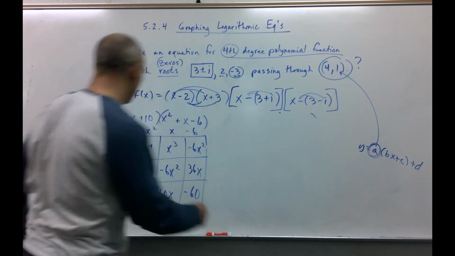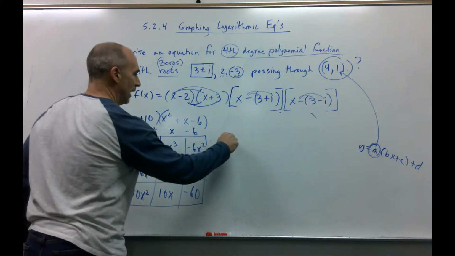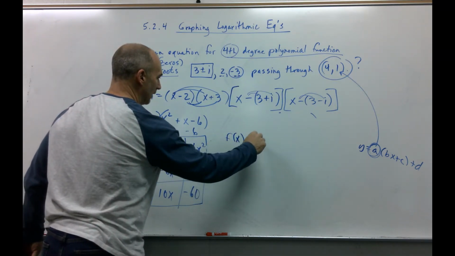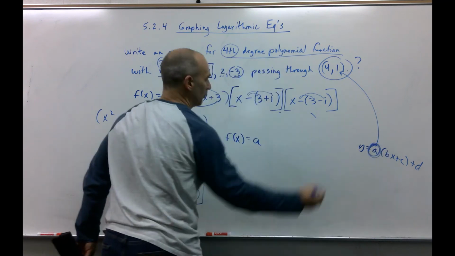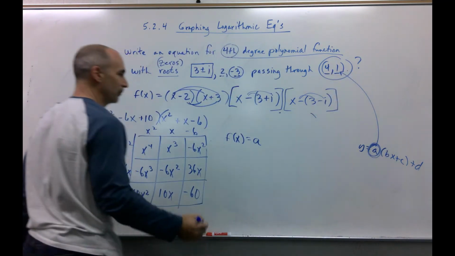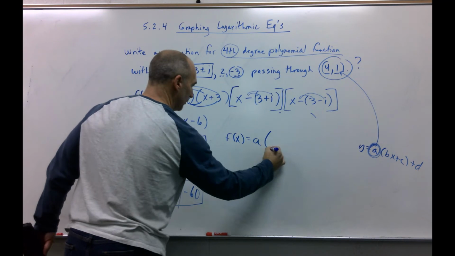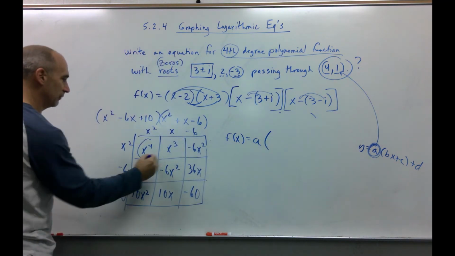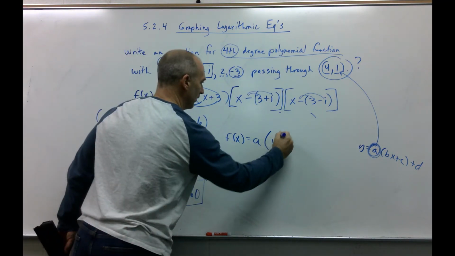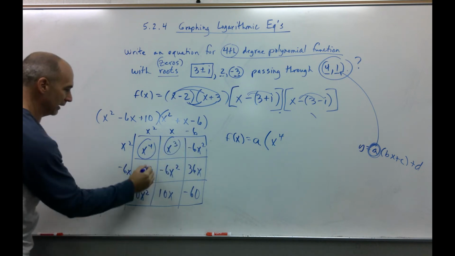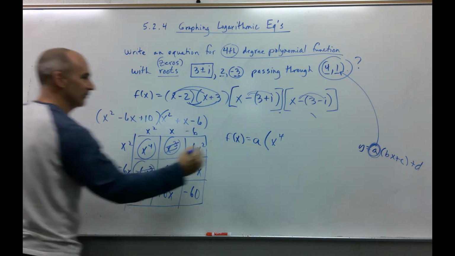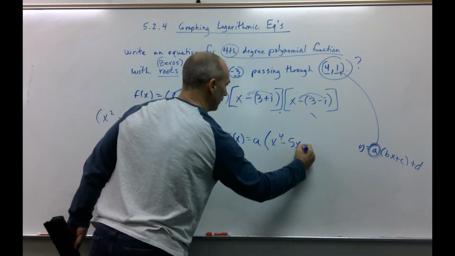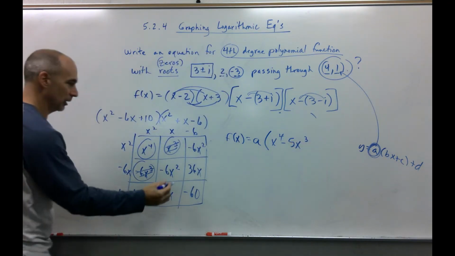Now I'm looking for like terms. So f of x equals, watch this, a, so we don't know what a is, that's why they gave us that little clue, times the highest degree term, all by itself, x cubed, and negative 6x cubed, that's negative 5x cubed. Now I'm going to look for the squareds.